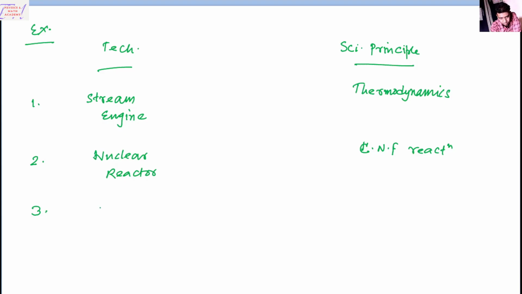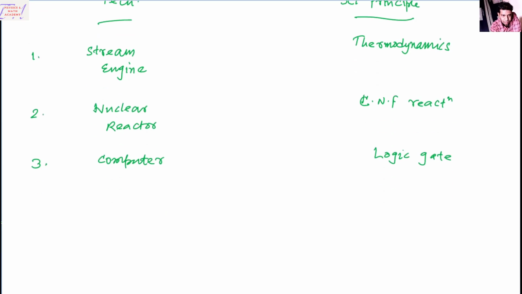Next, if I'm talking about computers, this is the logic gate. If I'm talking about the laser, it is itself a phenomenon, that is light amplification by stimulated emission of radiation.